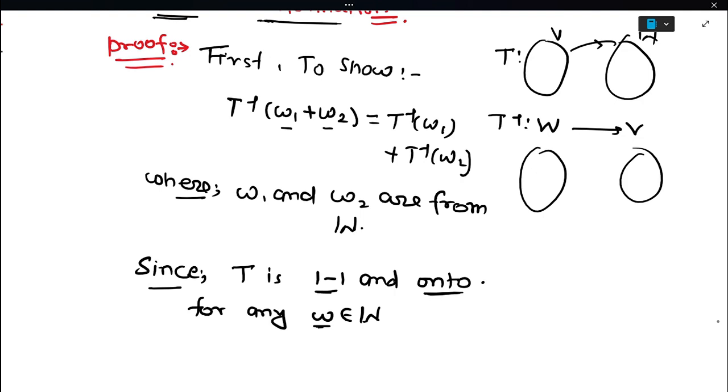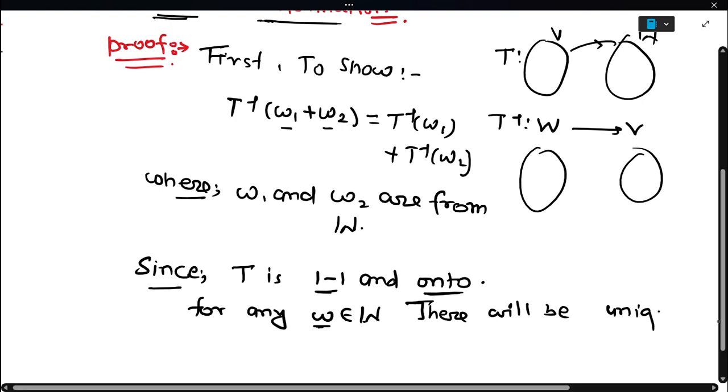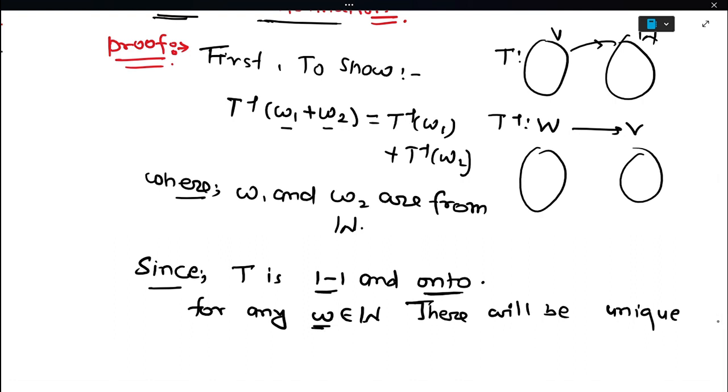So for any W there will be a unique V. Because of onto we have a preimage, and because of 1-1 we have a unique preimage.